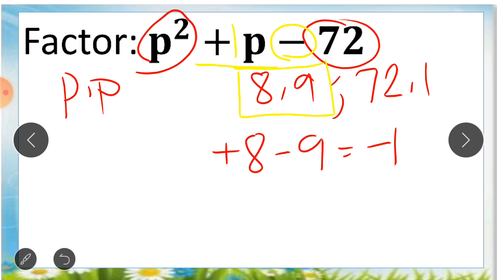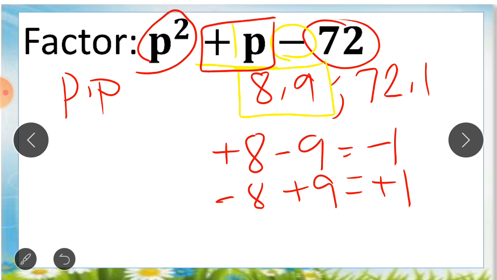And if you do it like this, negative 8 and positive 9, the result will be positive 1, right? If you add. So the middle term is positive 1. Therefore, we're going to choose negative 8 and positive 9 as our factors.